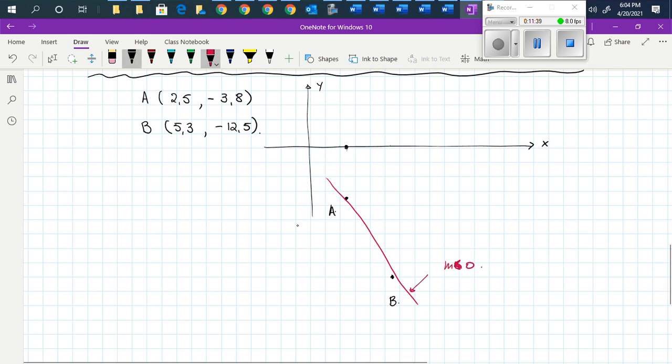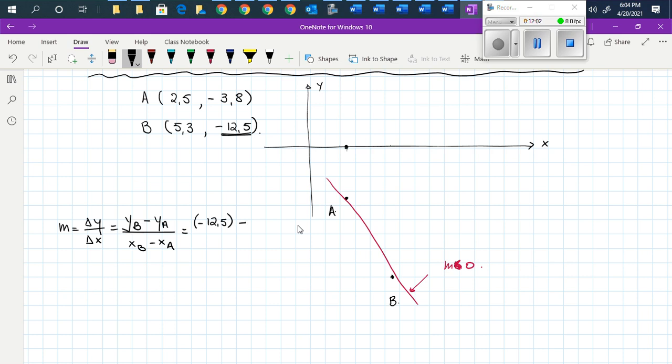But let's calculate now the actual value of the slope. Slope is delta y over delta x, which means y of b minus y of a over x of b minus x of a. So y of b is negative 12.5 minus y of a, negative 3.8, over x of b, 5.3, minus 2.5, that is x of a.